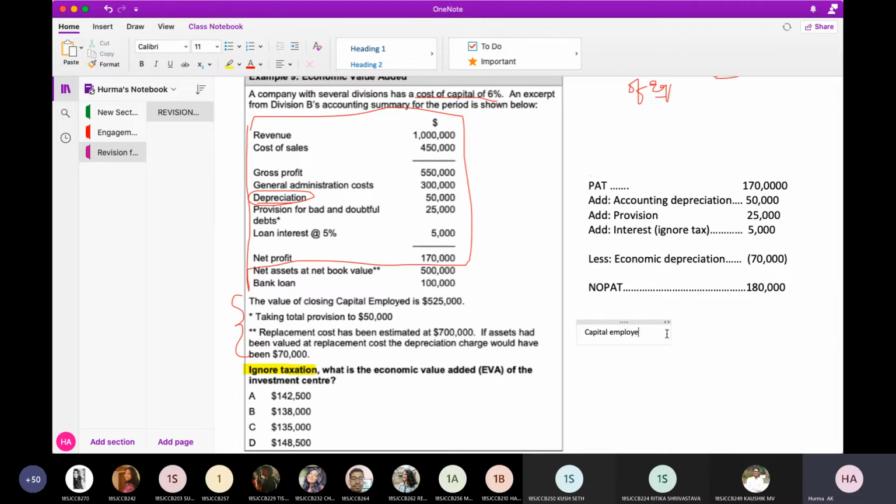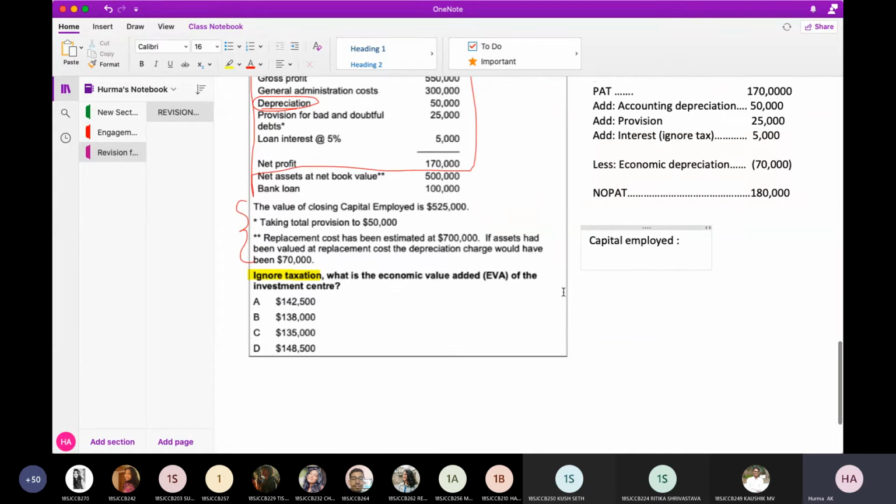Now we have to do the capital employed. So for capital employed, we start with the opening capital employed. So here, what is the opening capital employed?